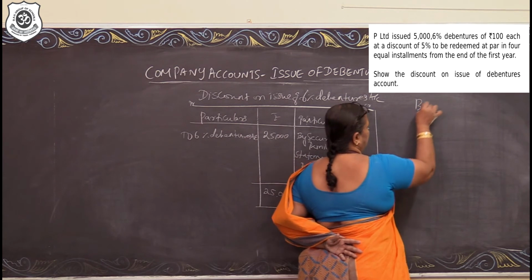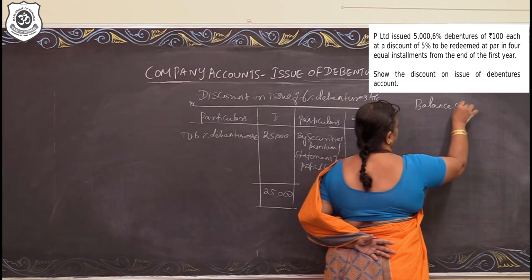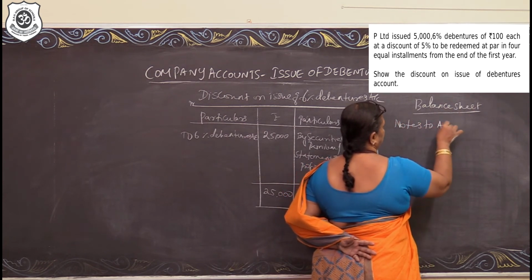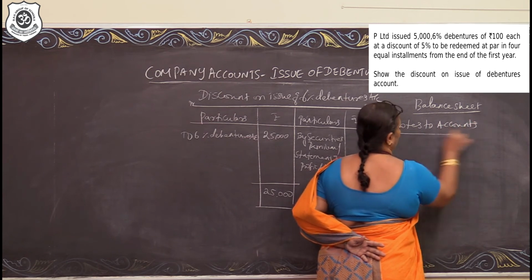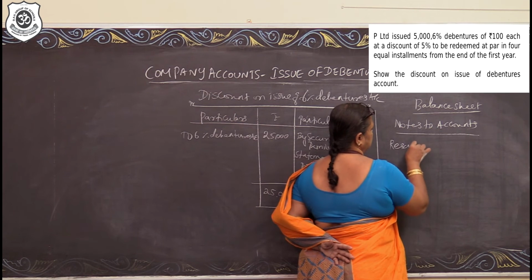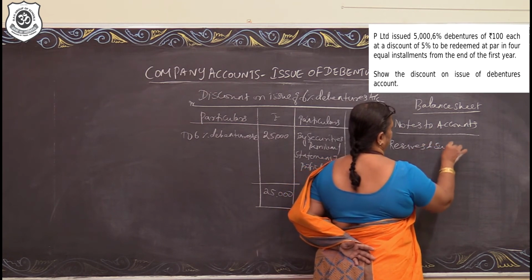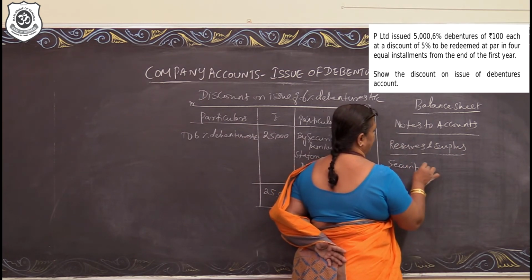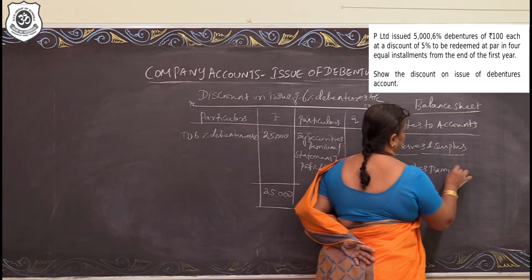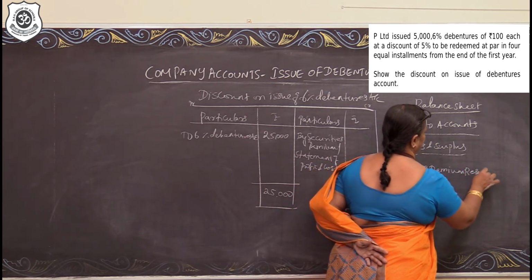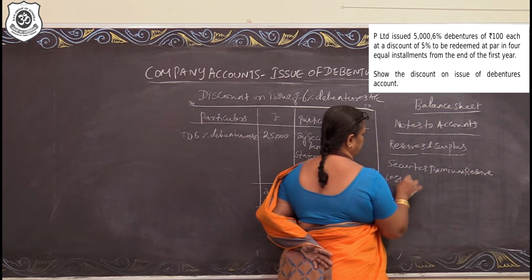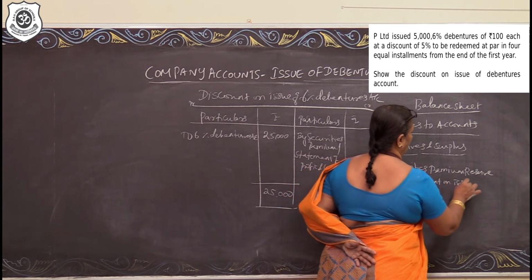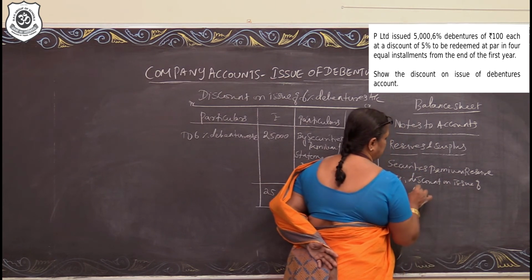And in the balance sheet, in notes to accounts, only in notes to accounts, reserves and surplus, in that securities premium reserve less discount on issue of 6% debentures.